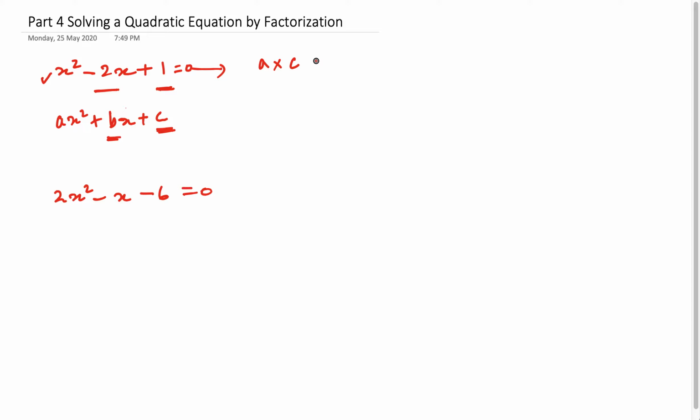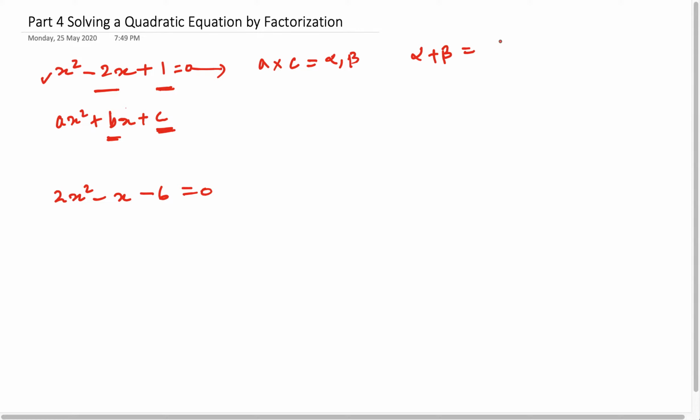Let's call those two numbers alpha and beta, such that the product of alpha and beta is equal to a into c, and alpha plus beta should be equal to the middle term.